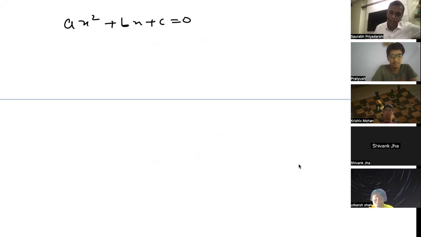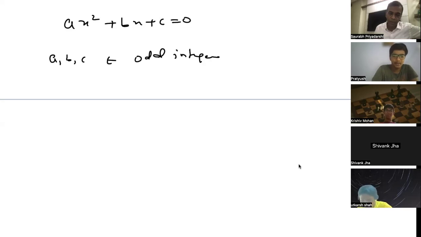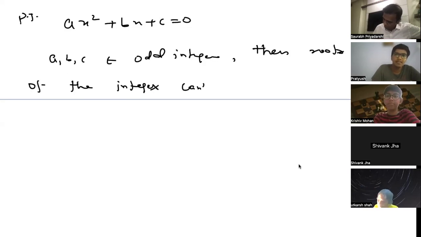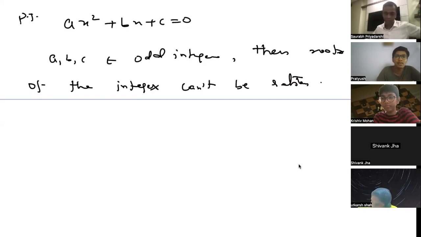Prove that if the coefficients of a quadratic equation, a, b, c, belong to the odd integers, then the roots of the equation cannot be rational.